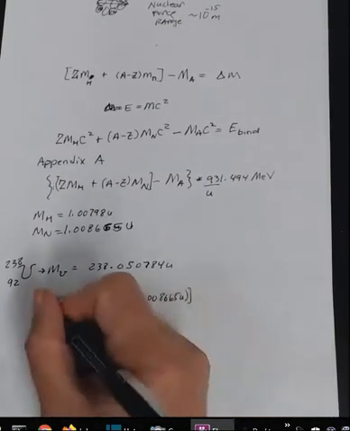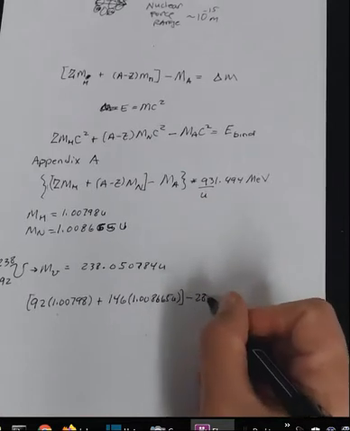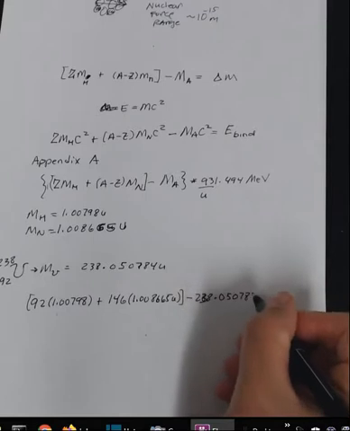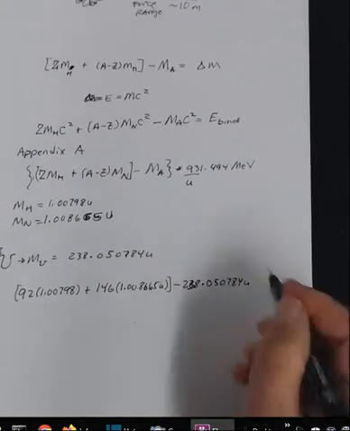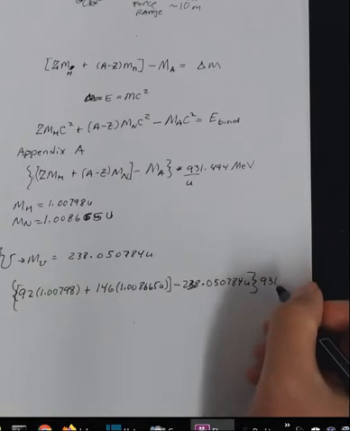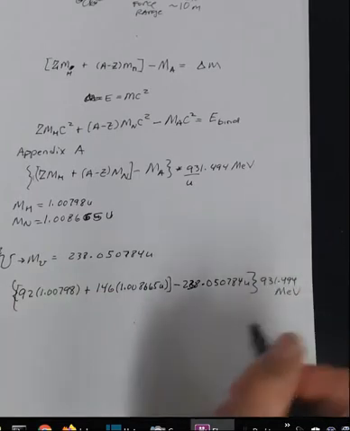Take that minus 238.050784, and multiply all that by 931.494, and this should have units of MeV.